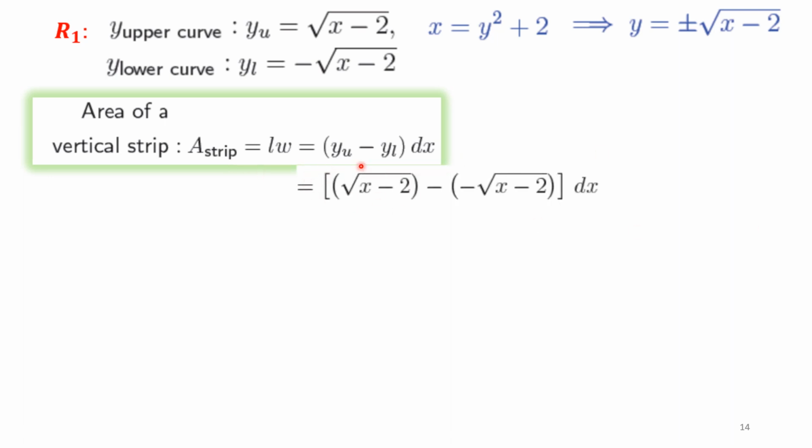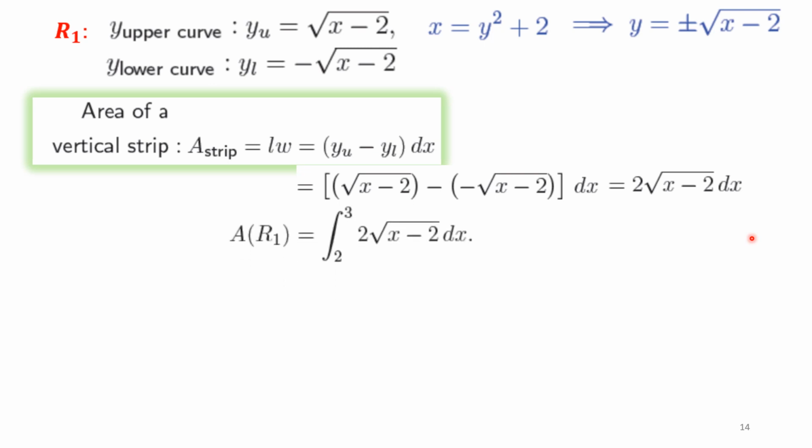So if you recall, our y sub u, the upper curve, is the positive square root of x minus 2, and our lower curve is the negative square root of x minus 2. Then we have here your dx. But when you compute for this, it's simply twice the square root of x minus 2 dx.